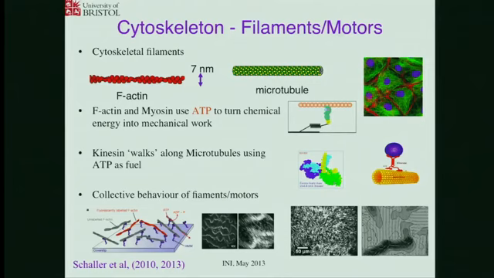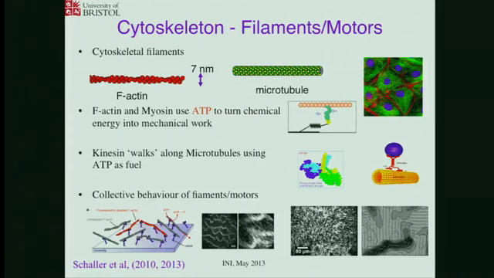And they interact with a bunch of other proteins. The ones which are of particular interest to me are the molecular motors, which convert ATP into mechanical work by interacting with these filaments. And more or less, we could think about them walking along these filaments in one sense, determined by the arrow.